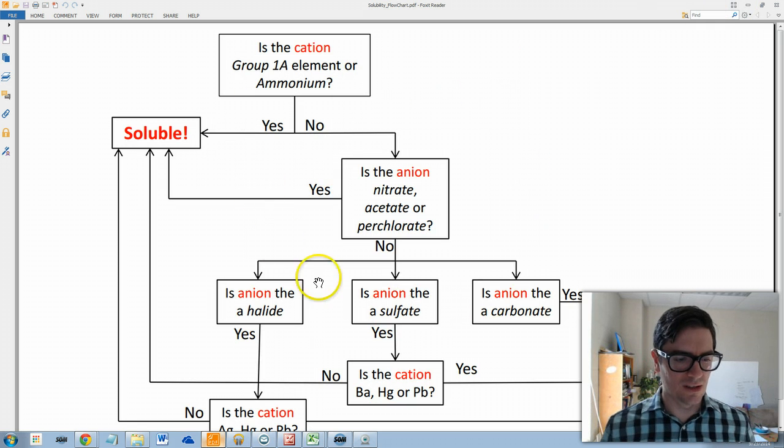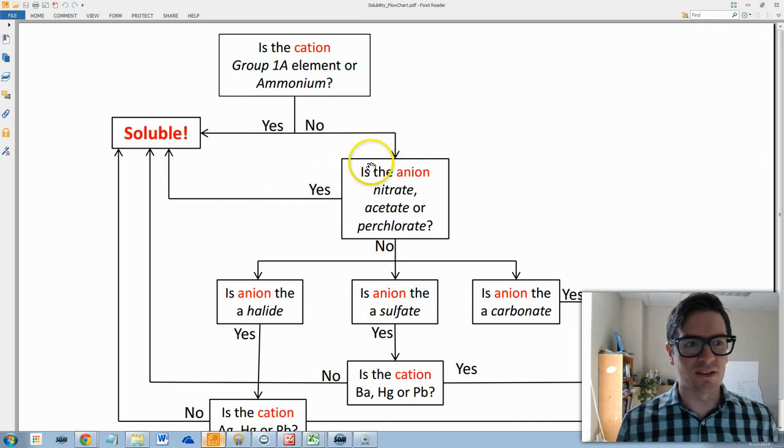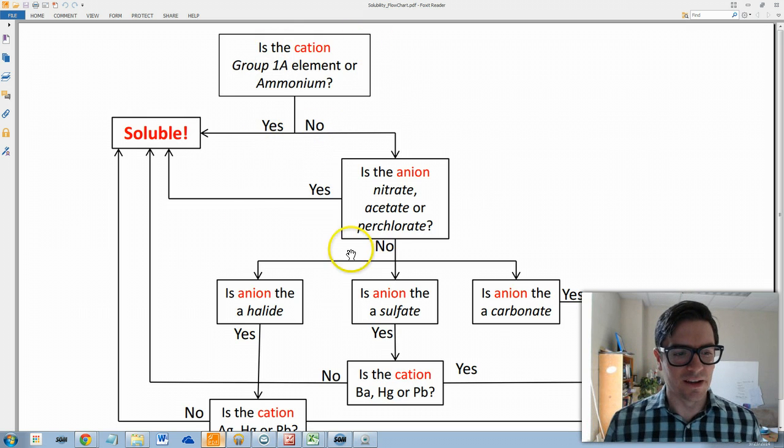So you can use this. I'm not going to give this to you on exams, but it's a good way to practice. You just need to remember to start with the cation, because that's the shortest way to figure things out. Then if it's an anion, ask yourself this question. And if it's one of these other anions, I would run a mental checklist. Is it a group 1A element or ammonium?